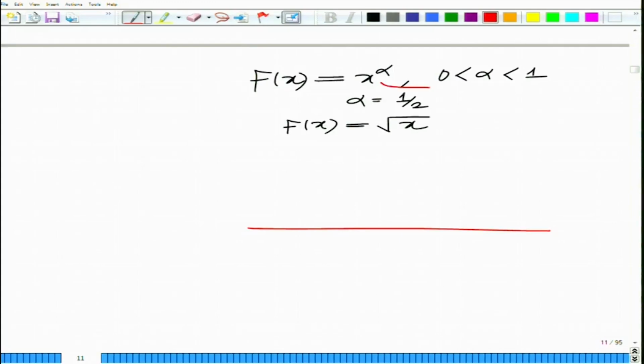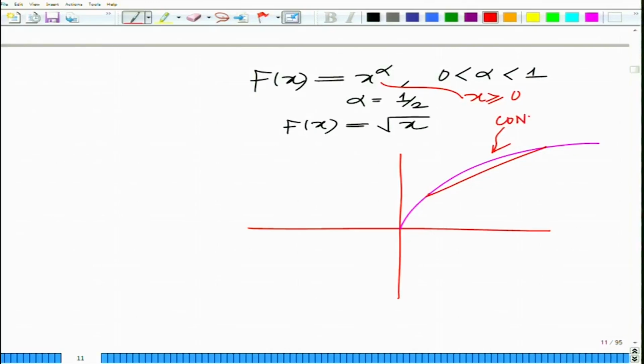So, we will restrict the domain here to x greater than or equal to 0, and if you plot square root of x, it looks something like this, and you can once again see the function lies above the chord.